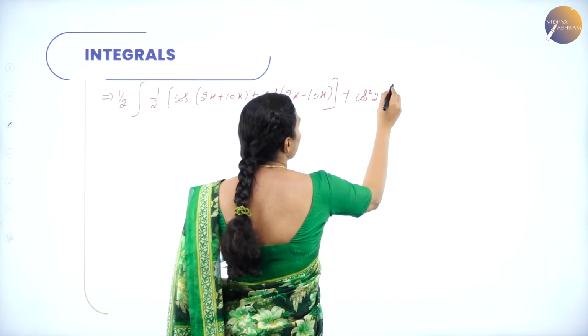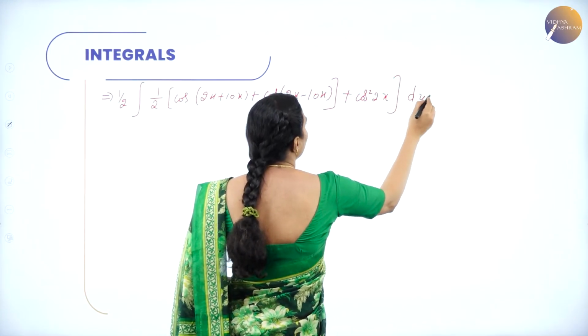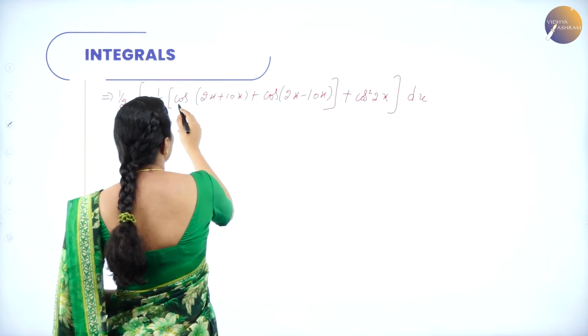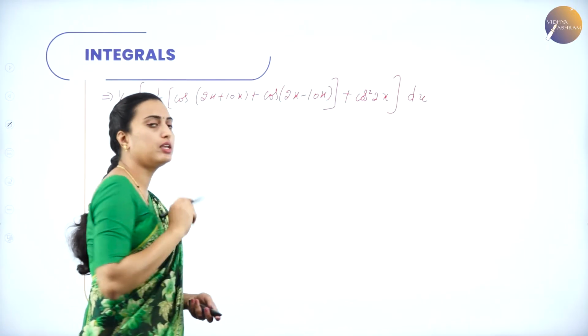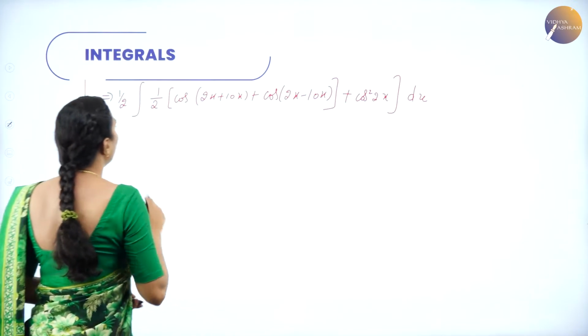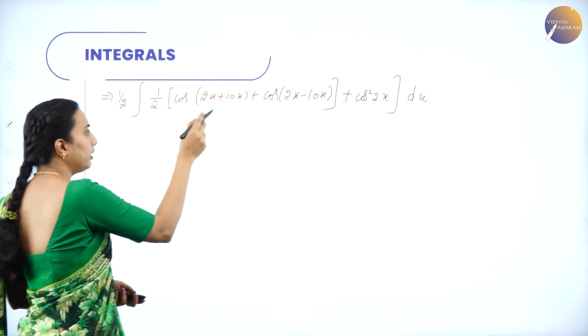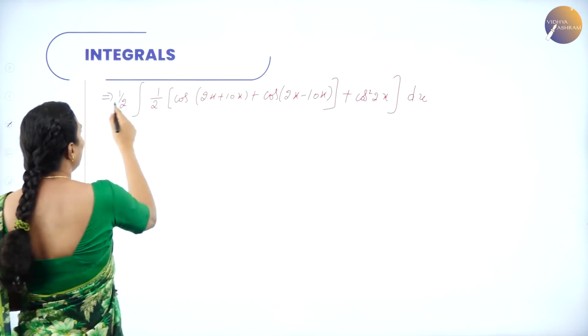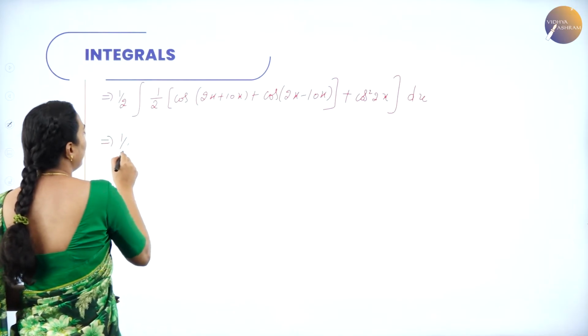Okay, dear students, I am applying the formula only for this part. So 2 will be taken as LCM for this one. Understood? Therefore, taking 1 by 2 outside and 2 as the LCM, 1 by 2 into 1 by 2 will become 1 by 4 outside.